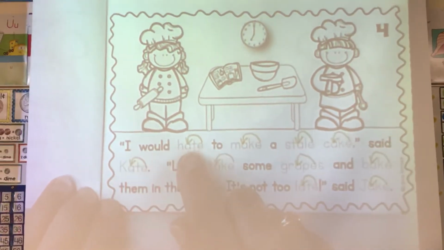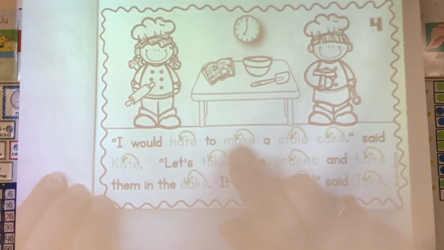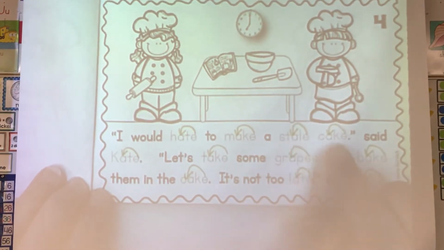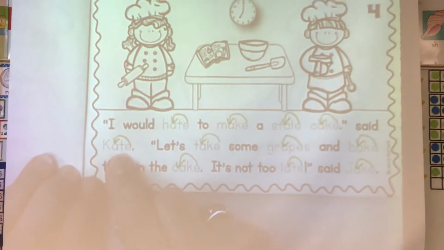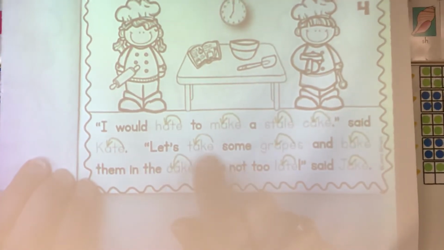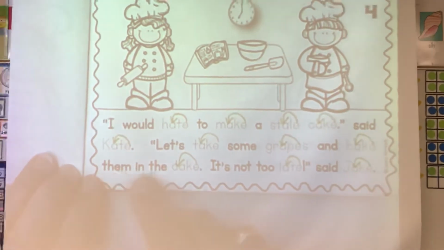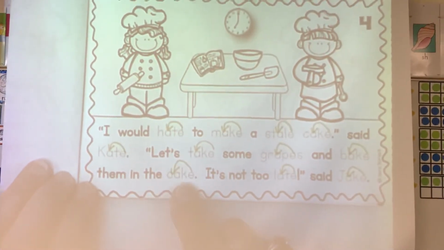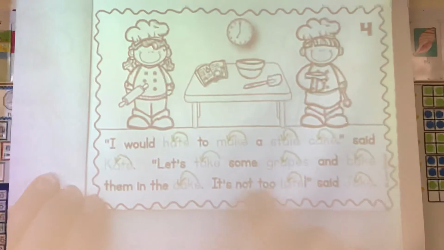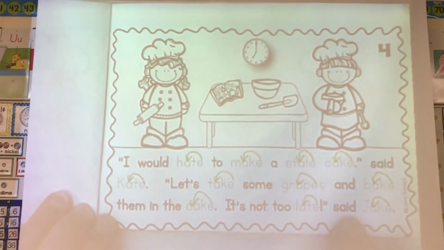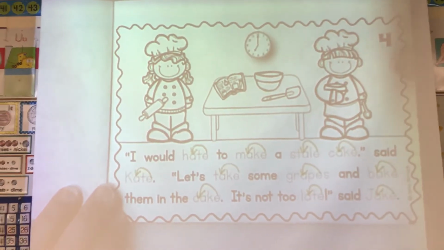I would hate to make a stale cake, said Kate. Let's take some grapes and bake them in the cake. It's not too late, said Jake.